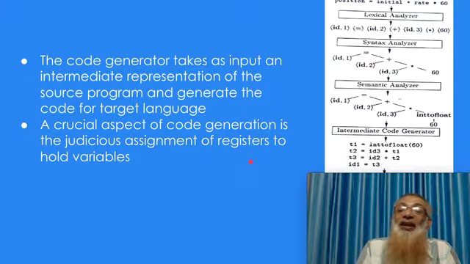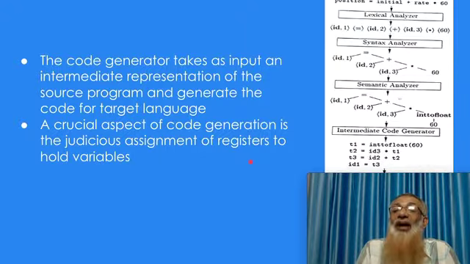See, generating the correct target code for a given machine is a difficult task. Computer scientists have termed it a difficult problem. Code should be efficient. Before efficiency, it should be correct, and then efficient code should be generated.